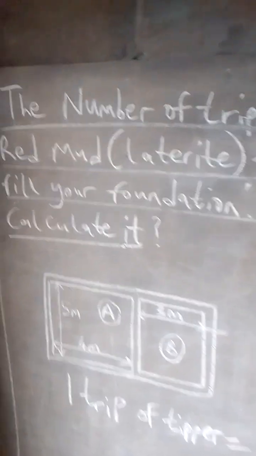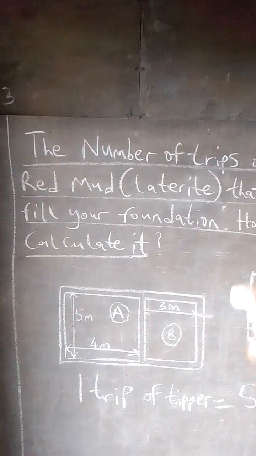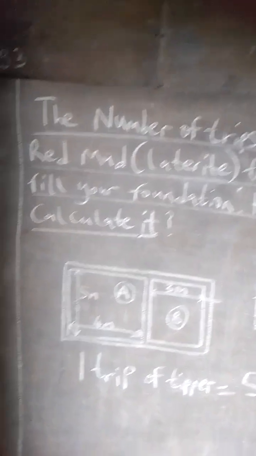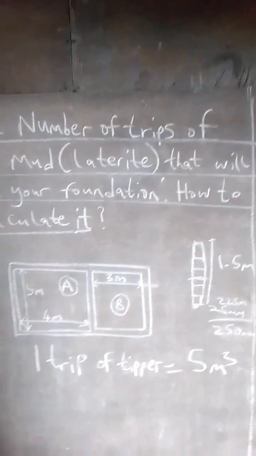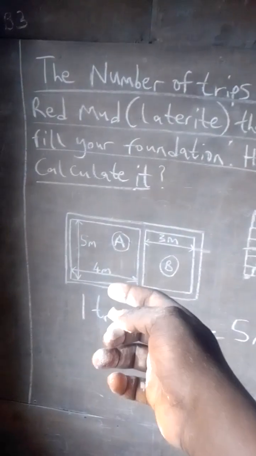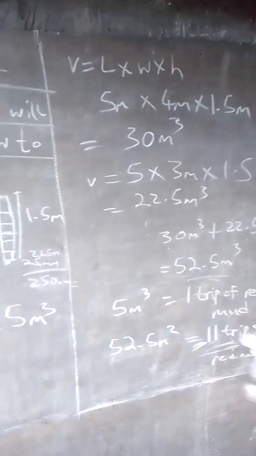Having a knowledge of how to calculate the number of trips of red mud that will fill your foundation will help you as a client. When someone quotes an exorbitant bill to you, saying it will take 20 trips, you say, how possible? With this knowledge, you can do a little mathematics for yourself, following the same procedure.